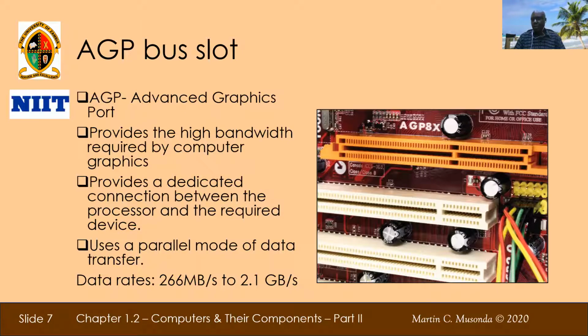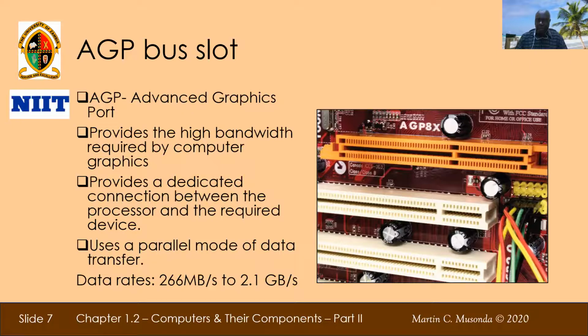The AGP bus slot offers a dedicated connection directly to the processor. I mentioned that a number of peripheral devices connect to a chipset, and then the chipset is the one which connects to the processor.